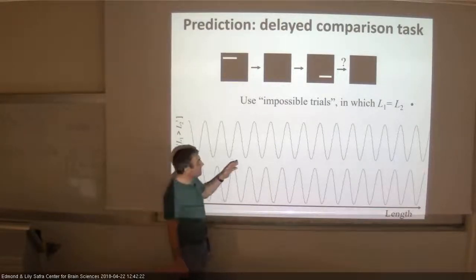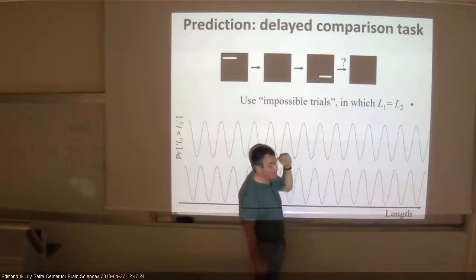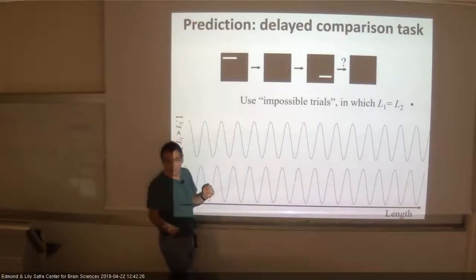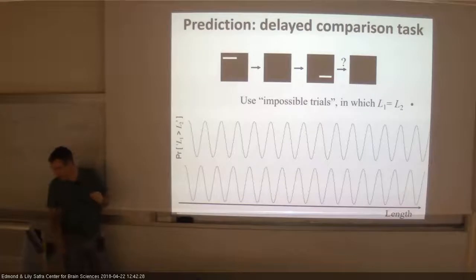And the prediction is that in some locations, I will see a consistent bias in one direction, and in other locations, I will see a persistent bias in the opposite direction. This is a prediction. Is the prediction clear to everyone?